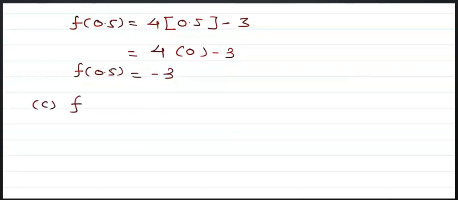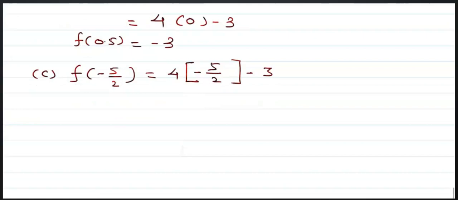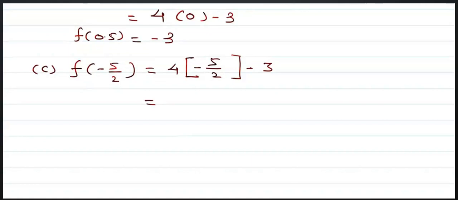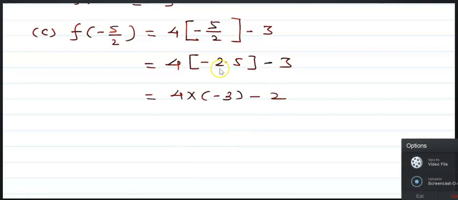Now next is C, f of minus 5 upon 2. That is again 4 times the greatest integer of minus 5 upon 2, minus 3. Now see this here: that is 4 times minus 2.5. What is the greatest integer here? It is minus 3. This is very important.